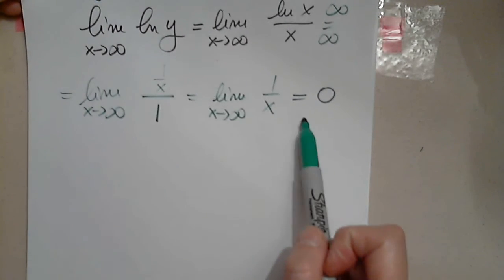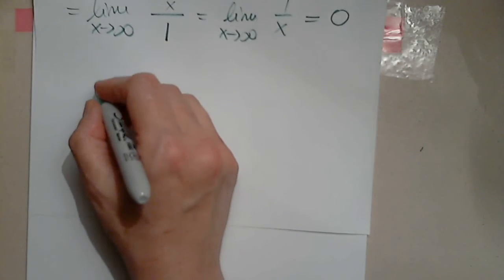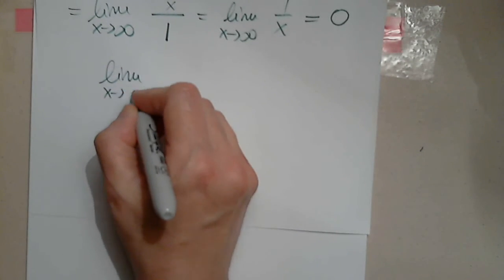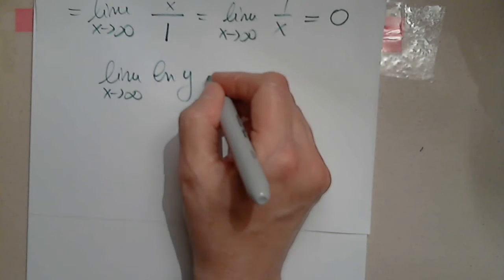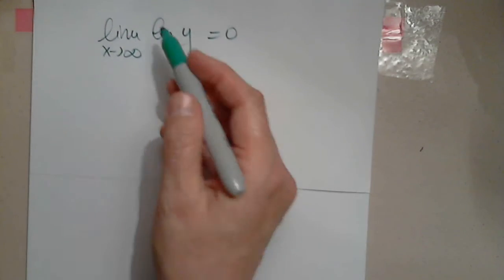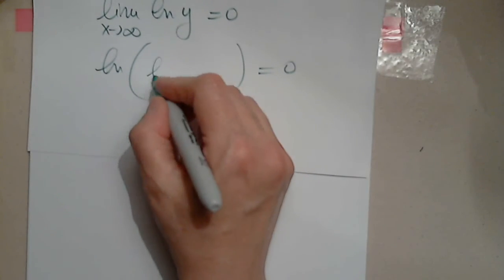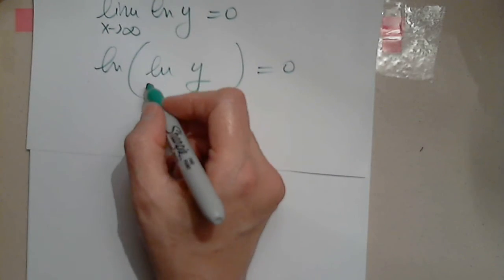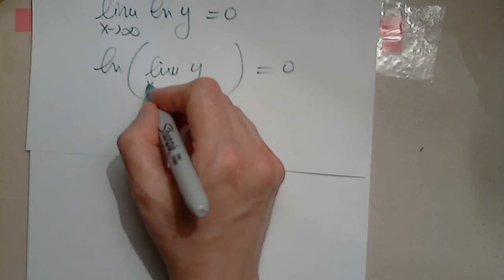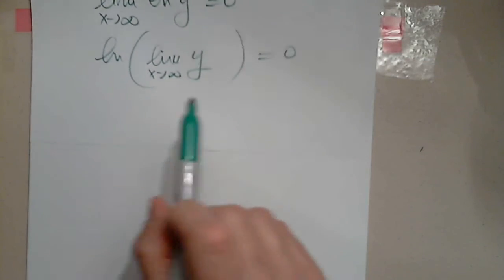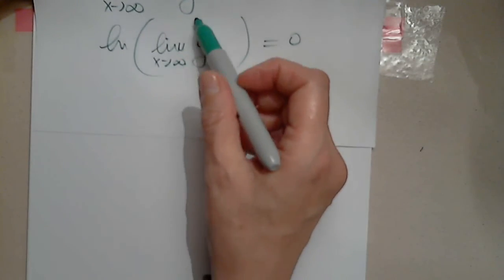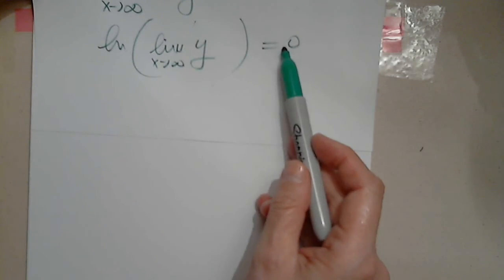I copy the beginning and I copy the end. Limit as x approaches infinity from natural log y is 0. We already know the answer. I swap the operators. I have natural log y. Limit as x approaches infinity from natural log of that. So obviously this can only be 1 because natural log 1 is 0.